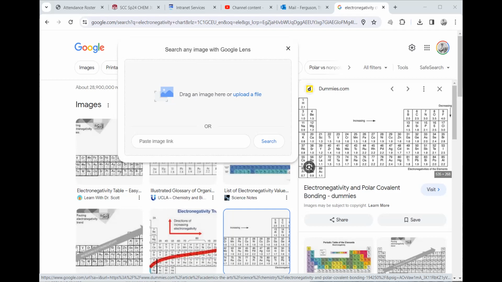Okay, we have ethanol. This would be a 2-carbon alcohol. And let's say we have 1,3-propanediol.